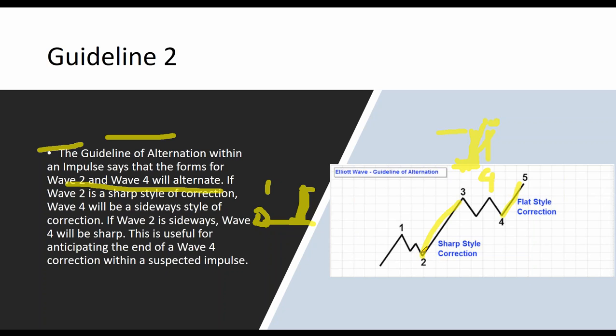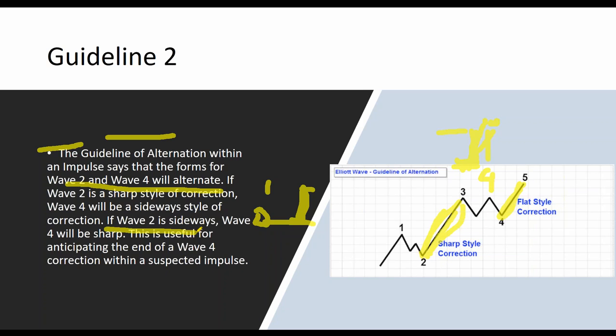So wave 2, let's do this again. Alternation. Impulse waves, wave 2 and wave 4 will alternate. So if wave 2 is very sharp, you're going to expect a flat wave 4.